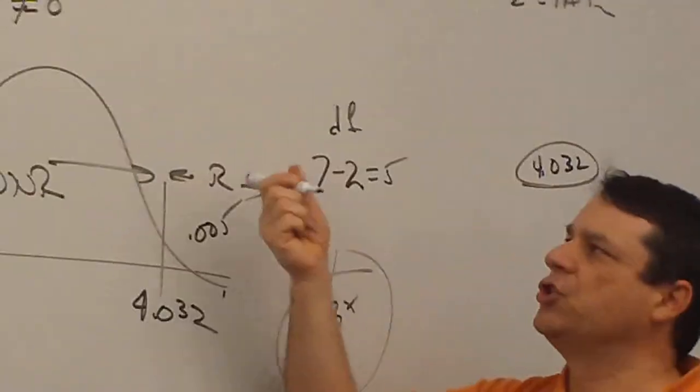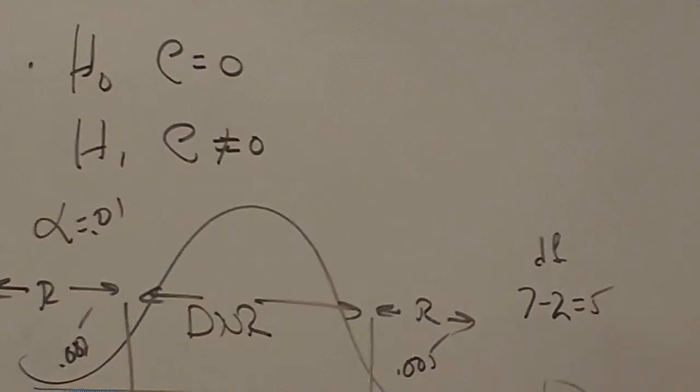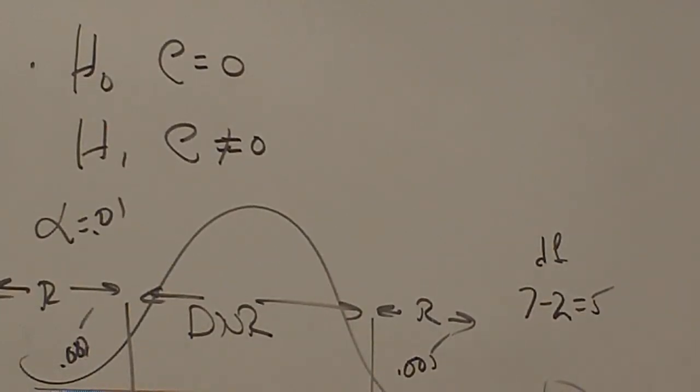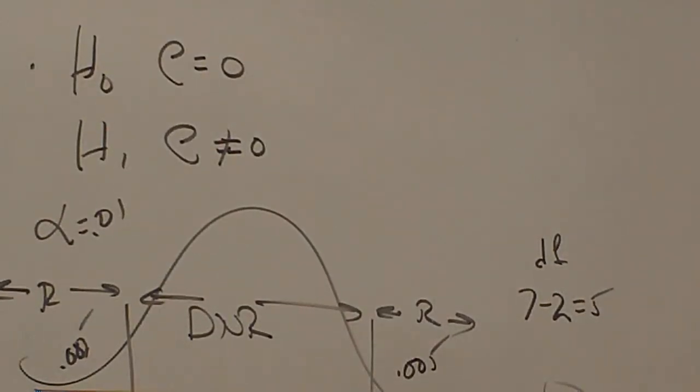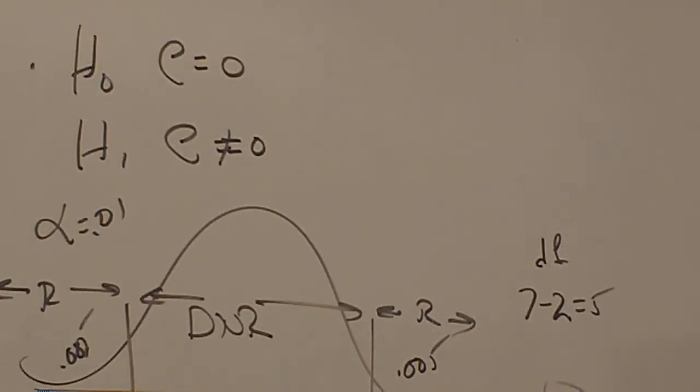So that means I reject the null hypothesis. So yes, I believe the correlation coefficient is not equal to 0. Or in other words, it is significant at the alpha 0.01 level. Okay, does that make sense to everyone? Well, n minus 2.